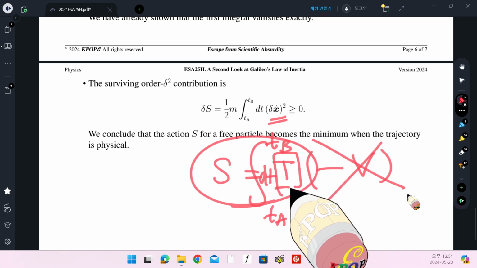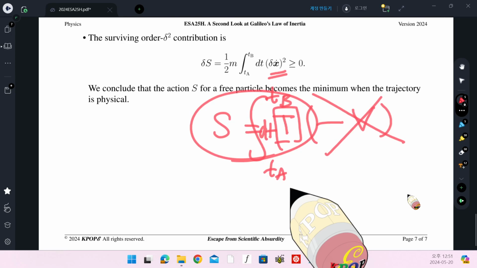And if it is the case, the action of a free particle becomes minimum on the straight path that satisfies the law of inertia, whose particle's velocity is a constant vector. That's it for today. Thank you for listening.